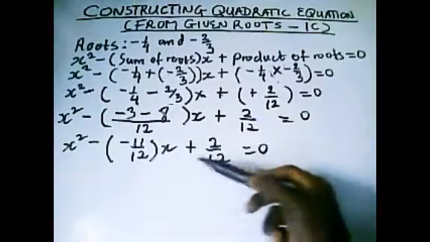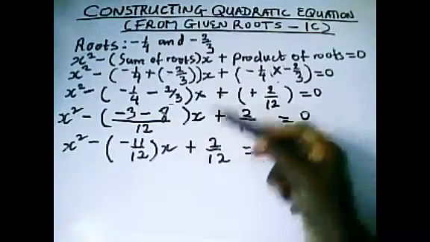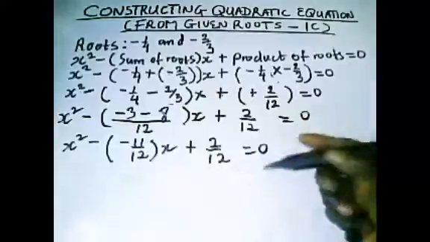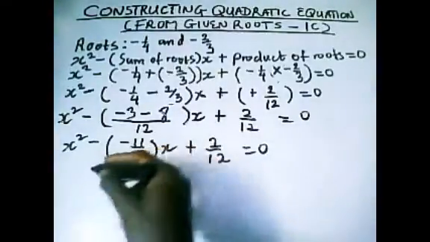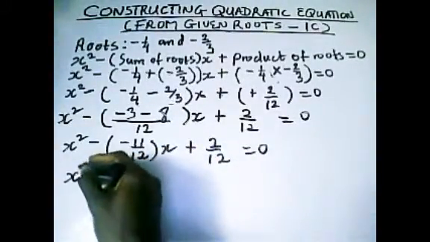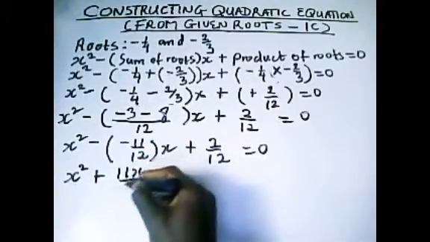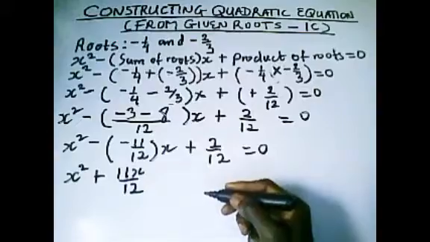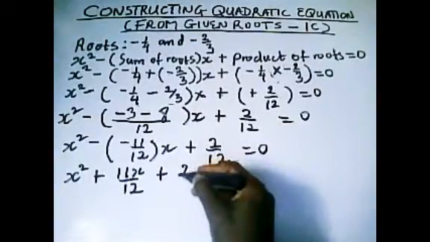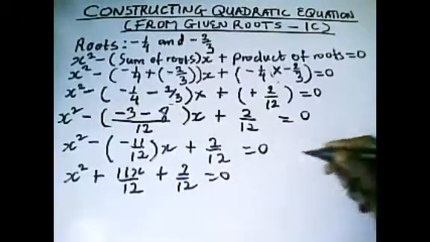So we're going to take the LCM, which is 12, and then we use it to clear the 12. Now let's go on ahead to open the bracket. So we say x squared minus minus is plus 11x upon 12, and then we have plus 2 upon 12 equals to 0.